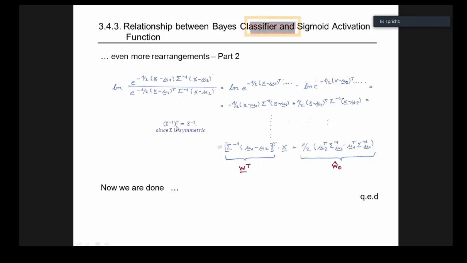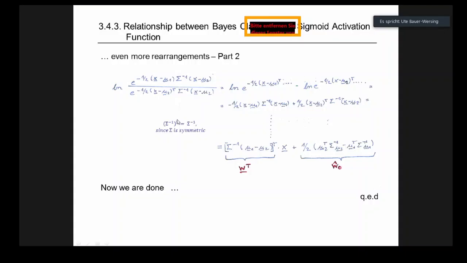It's not too difficult. What you have to consider is that the inverse of the covariance matrix is also symmetric. So you can assume that the inverse matrix transpose is the inverse itself. So when we are doing this, we end up with a factor that's calculated.